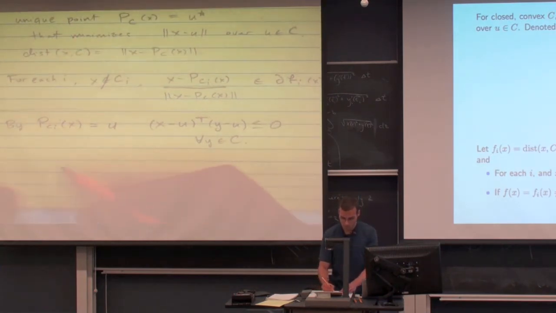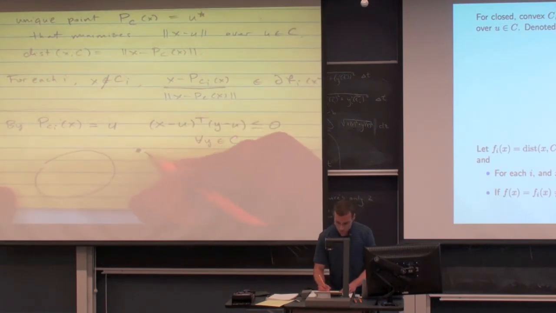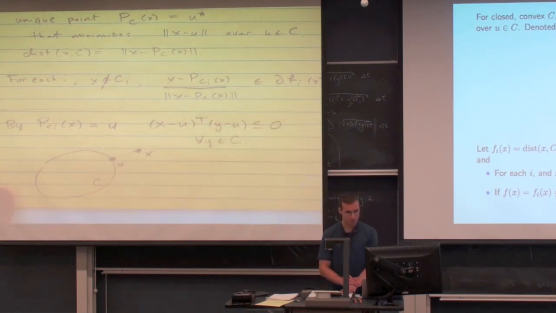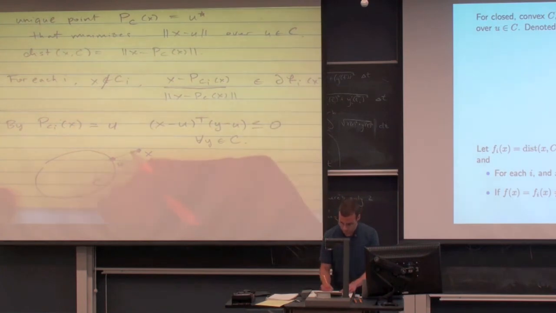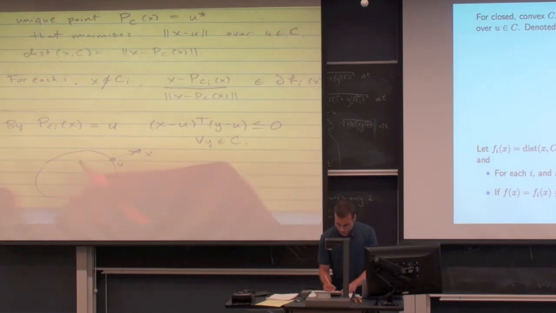Well, let's draw a picture first and just convince ourselves that makes sense from the picture. Let's suppose that was x, and this is C, and I projected it onto C, and I get that point u. Then this is the vector x minus u. Do I have that backwards? Yeah, right, sorry.